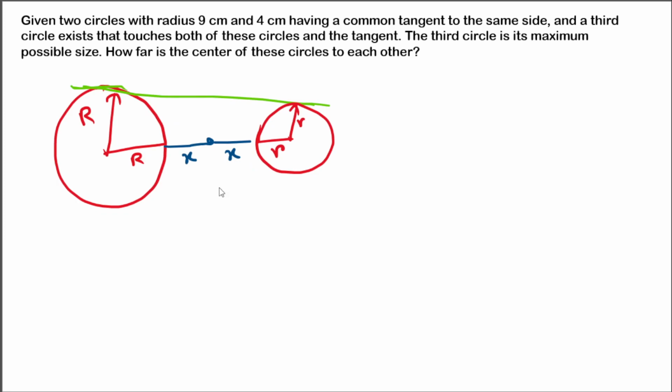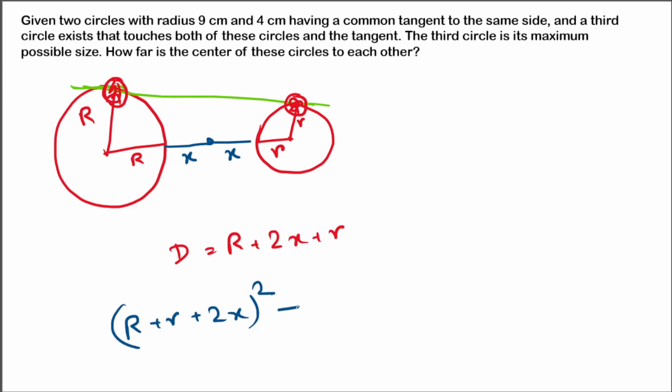So we again have these two circles which are separated by a distance D, that is R plus 2x plus R, right? So from this diagram, the distance between this point and this point should be equal to the square root of R plus 2x whole square minus R minus R square, right?